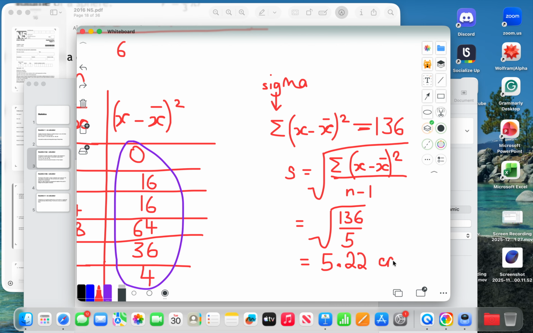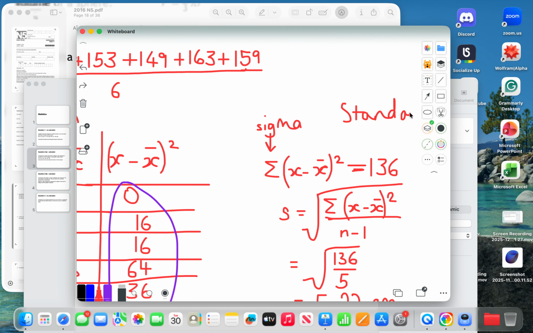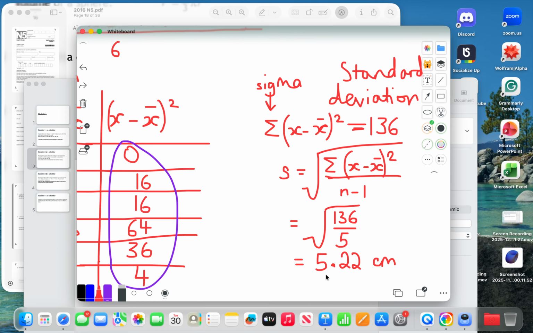And we'll label this to make sure that they know it's the standard deviation, and got to 2 decimal places. And that's us finished the question.